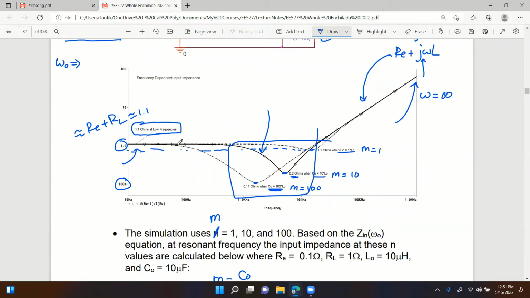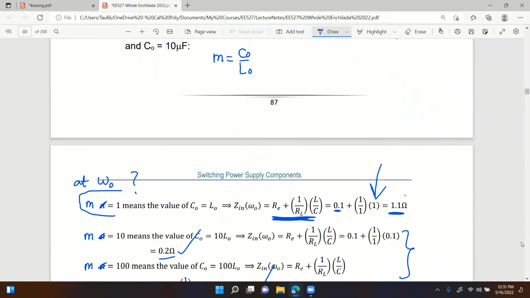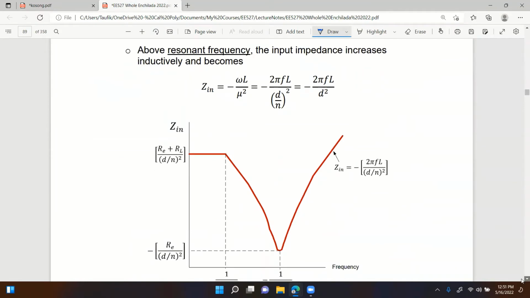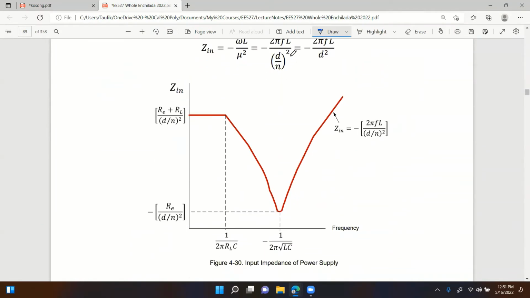At these frequencies, it goes negative. The value, if you do log scale, will be negative. It's the same shape. It doesn't matter if you add the duty ratio or not, it will still be the same shape. So starting from flat, it reaches its minimum at the resonant frequency, and then it goes up as you increase the frequency.